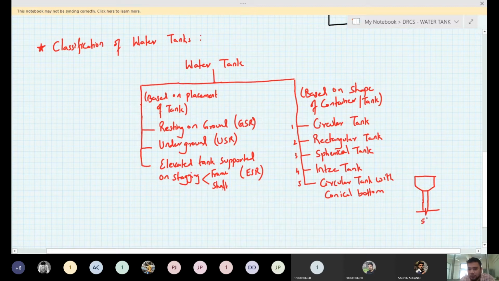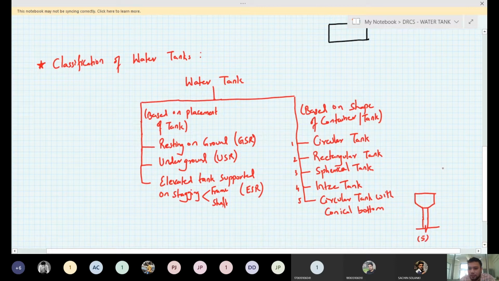Intze tank is like this. You have a circular shaft, meaning circular walls, then a conical bottom, then a bottom dome, and at the top there is a top dome, and this is supported on the staging. This is number 4. Then spherical domes are not used much, but they are more popular in steel tanks.